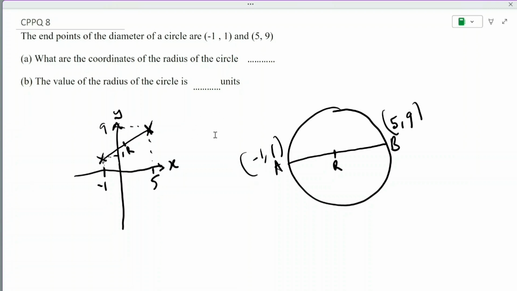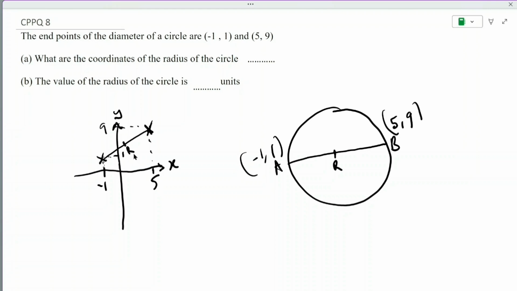Now you're working with line graph or straight line coordinate geometry. Now in your head should be all the formulas under linear or straight line coordinate geometry. And in this case, we're looking for the midpoint. The radius is in the middle. So the radius is the midpoint.